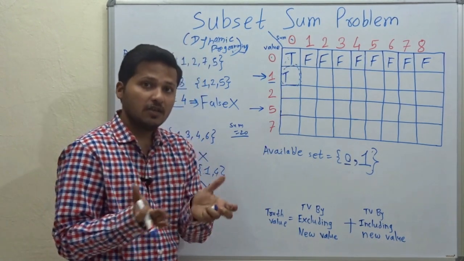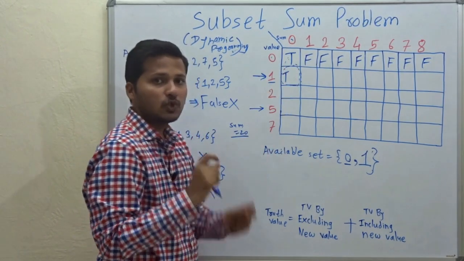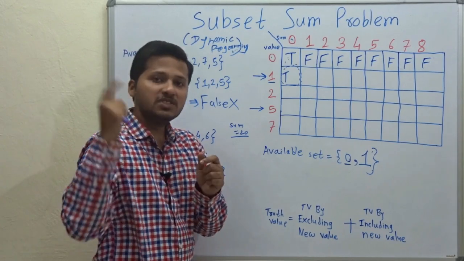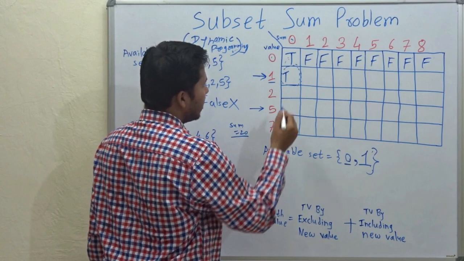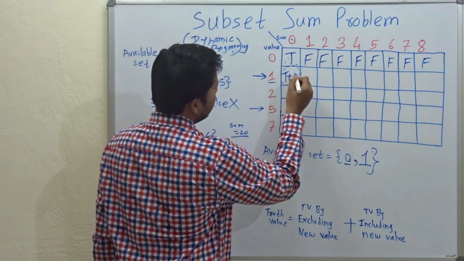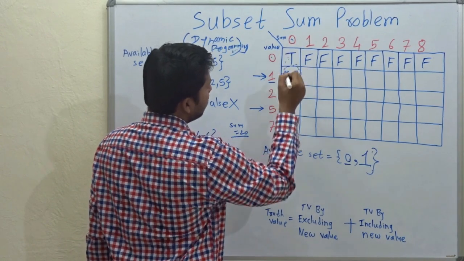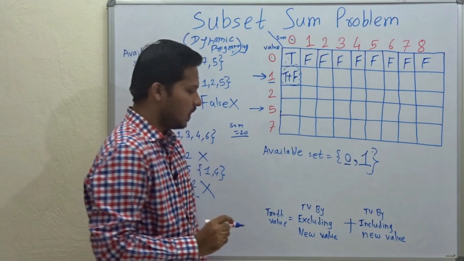Obviously not, because 1 is greater than 0. So 1 cannot be added in any way to form 0. So because 1 is greater than 0, directly we can write that 1 cannot be used to form 0. So it is false. Okay.